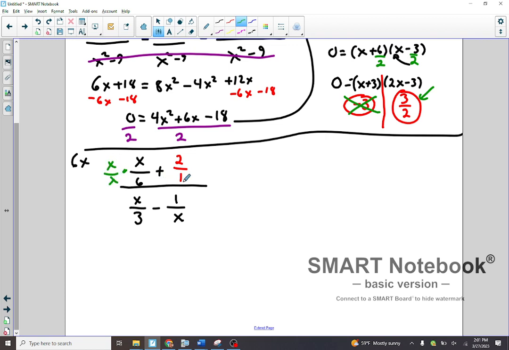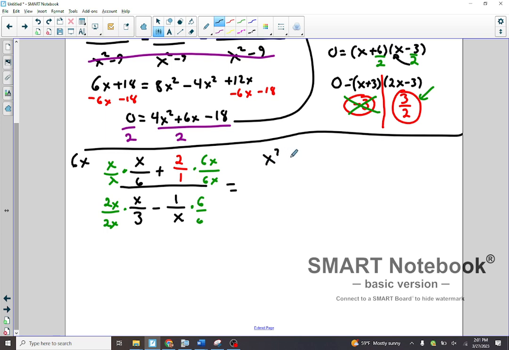Wait, on both top and bottom, or just on everything? Yes, I'm teaching it the easiest way, which is do everything. So then, over here, this is a 1. So what does it need to get to 6x? 6x. Over here, this is just a 3. So what does it need to get to 6x? A 2x. And over here, it's just an x, so it needs a 6.